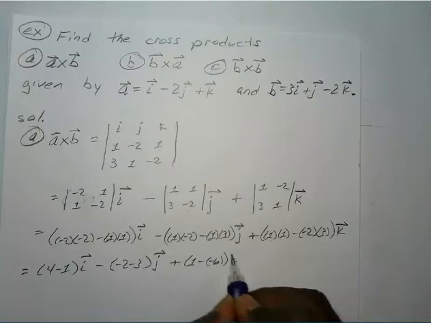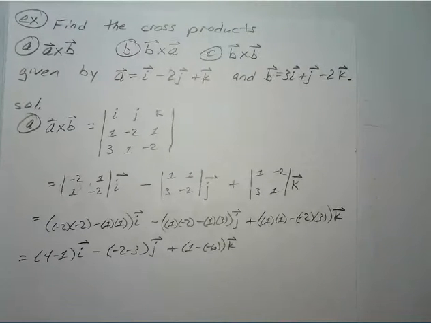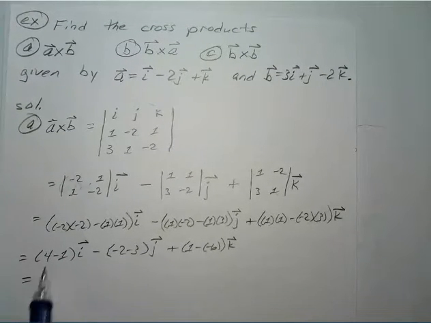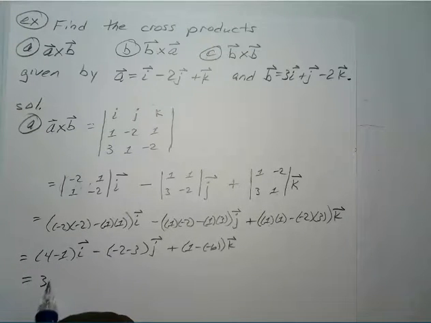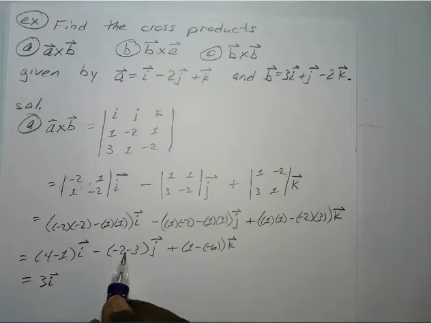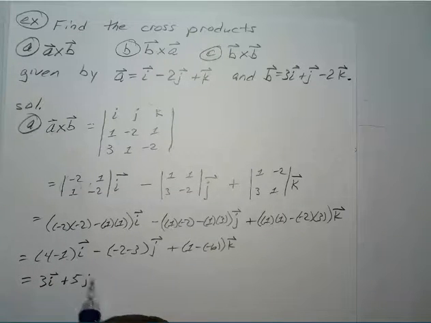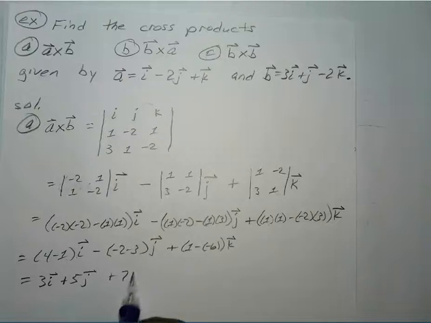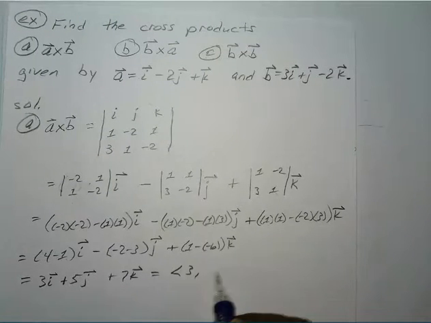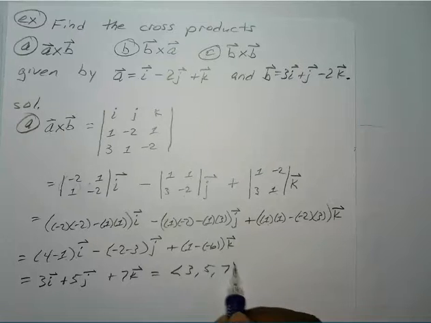Could have put plus, but kind of taking it step by step. So that's going to equal 4 minus 1 is 3, so you have 3i minus negative 5, so that's plus 5j plus 7k. Or you can just make the vector 3, 5, and 7.